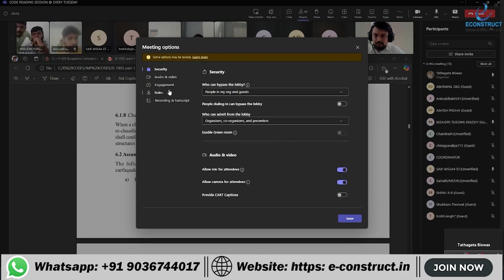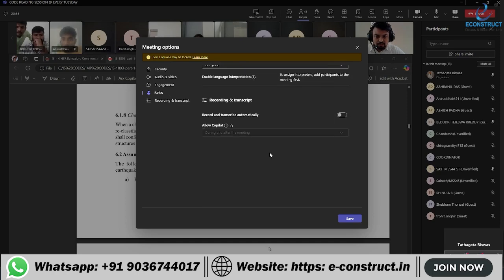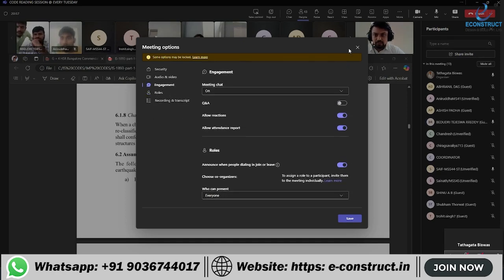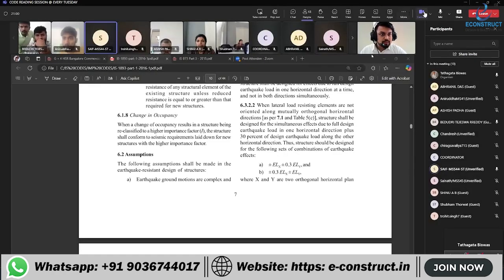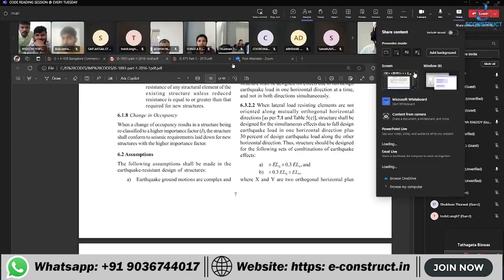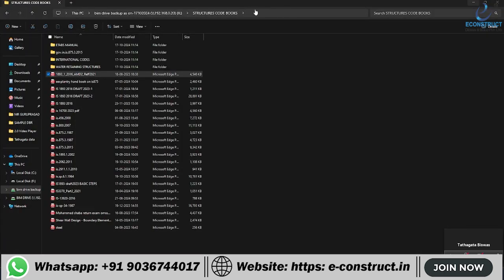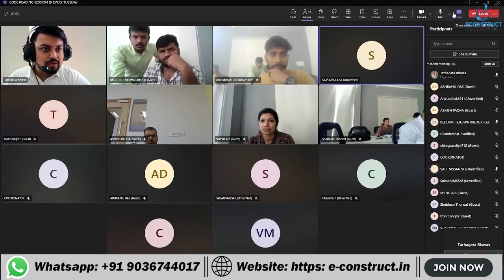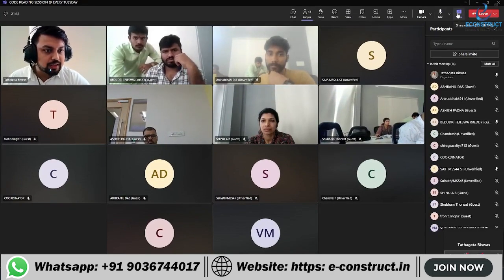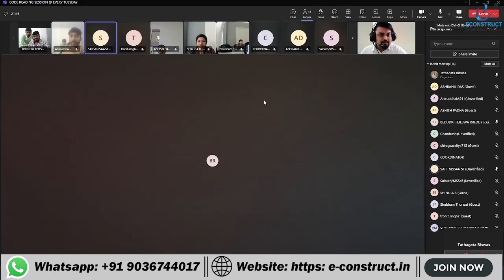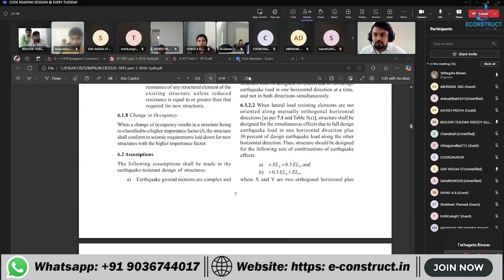Share the whole screen, don't share only one particular portion. In the Teams ribbon at the top there will be an annotate option.